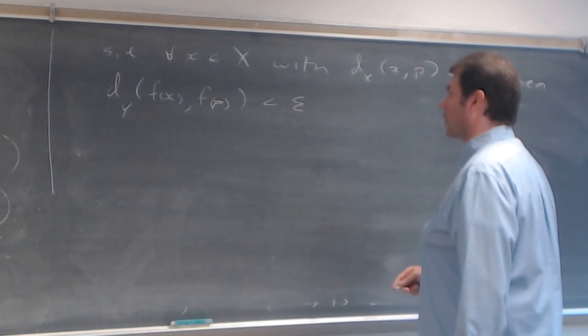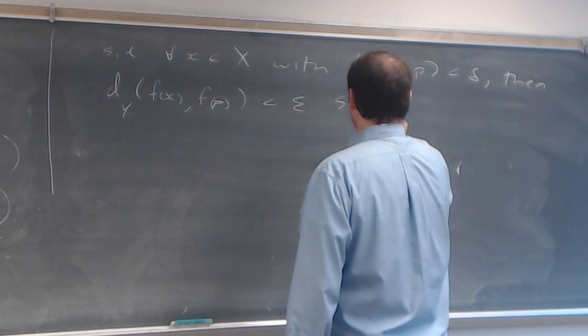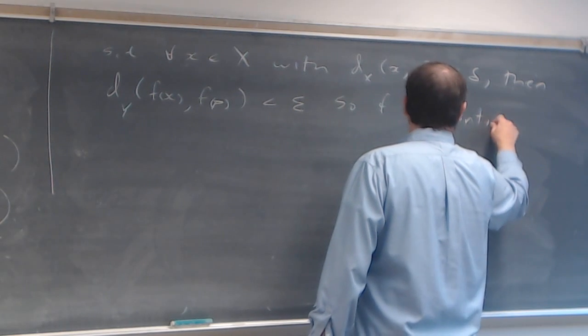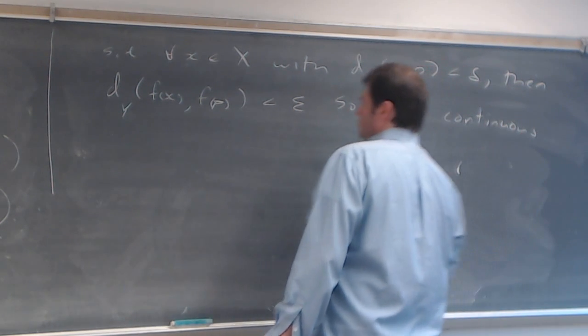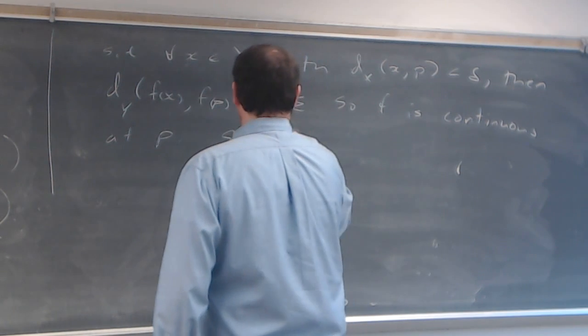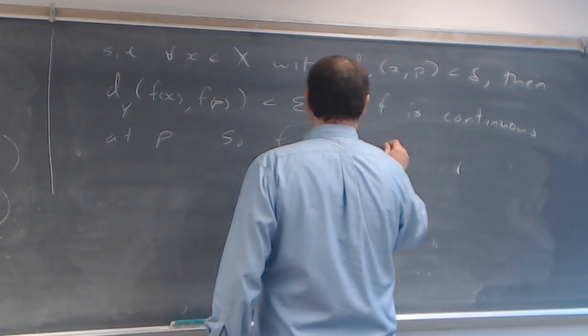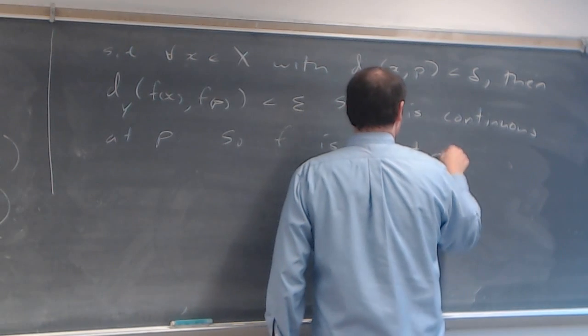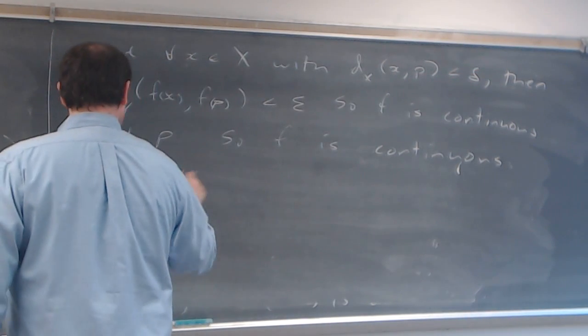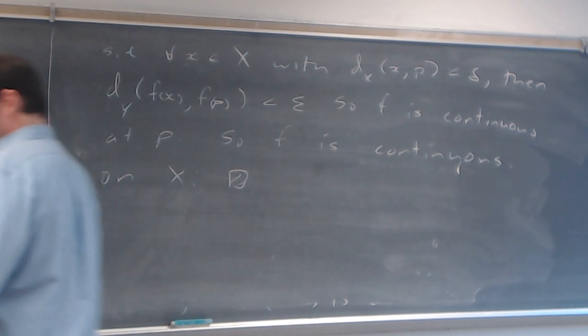That's what it means for f to be continuous at p. Since p was arbitrary, f is continuous on X. And that's the proof.